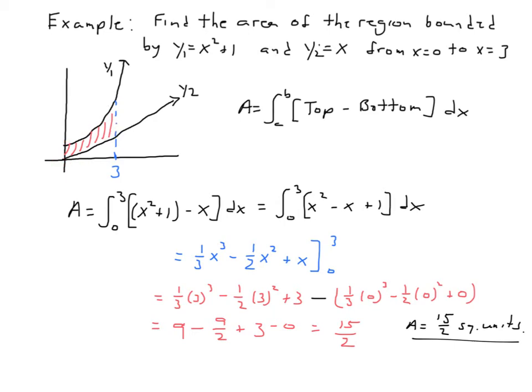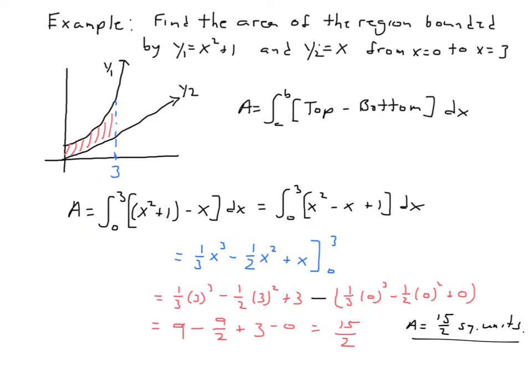In this case, again, remember, the area is going to be the integral from a to b of the top function minus the bottom function, and we're integrating with respect to x. My top function is x squared plus 1. My bottom function is x. a is 0, b is 3.